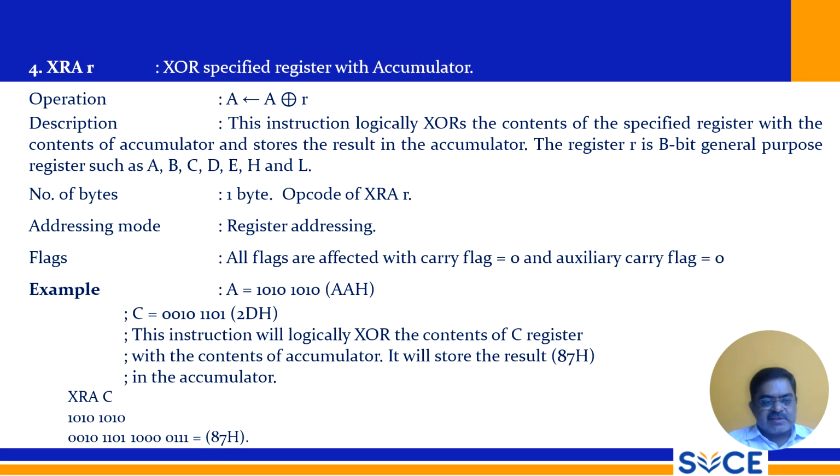So next is XRA R, similar thing here. XOR operation: exclusively different. When the inputs are exclusively different, the output will be high. So the carry flag is 0 and auxiliary carry flag is also 0. All flags are affected, and it comes under register addressing mode.